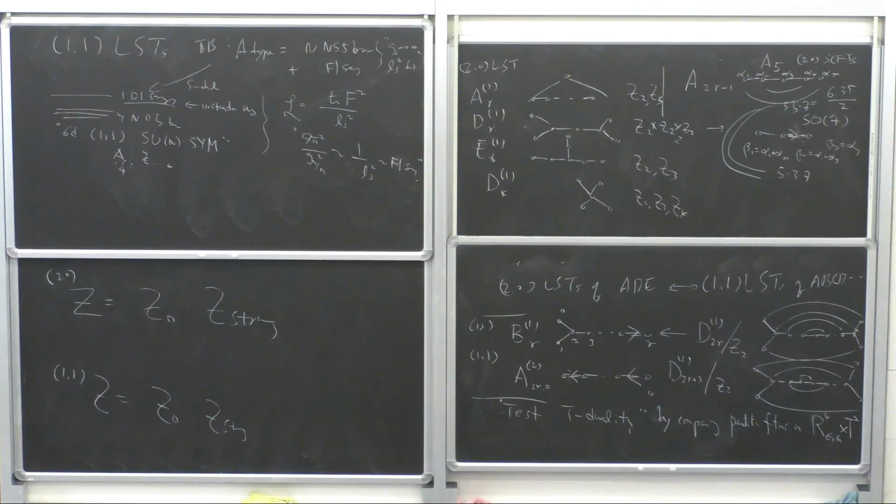Now, in the (2,0) theory, the perturbative part of this partition function is counting modes moving at the speed of light along the circle, which carry KK momentum plus various rotational angular momenta.